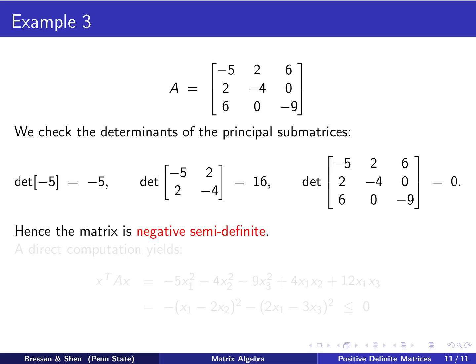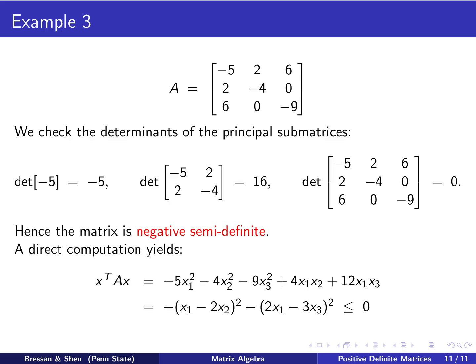So we see that for k equals 1, this is less than 0, when k is 2, this is bigger than 0, and when k is 3, this is 0, which is less than or equal to 0. So by Sylvester's theorem, we can say that this matrix here is negative semi-definite.